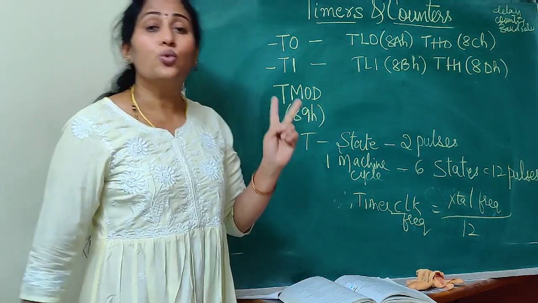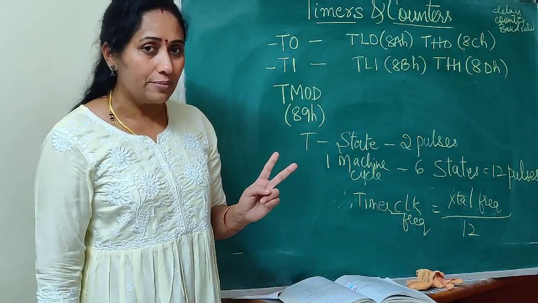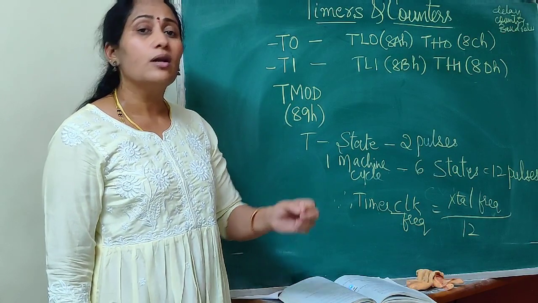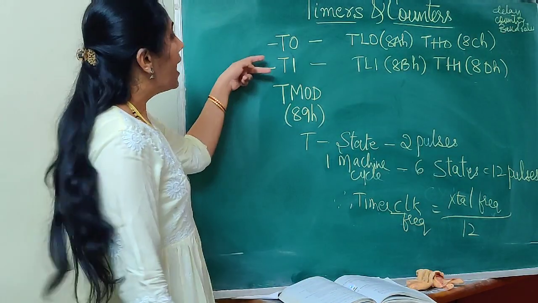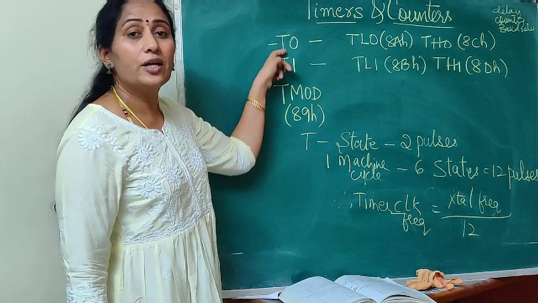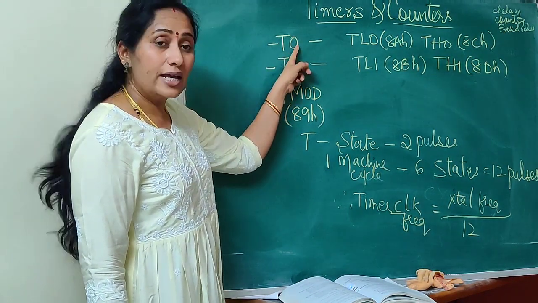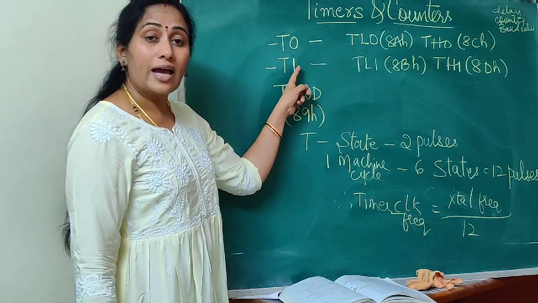I am having two timer circuits, and in order to load the count either for the timer operation or for the counter operation, I am going to use these 16-bit registers. What are those? These are timer 0 and timer 1.